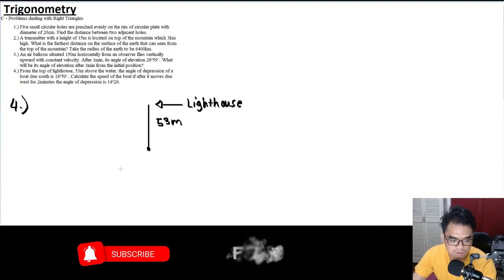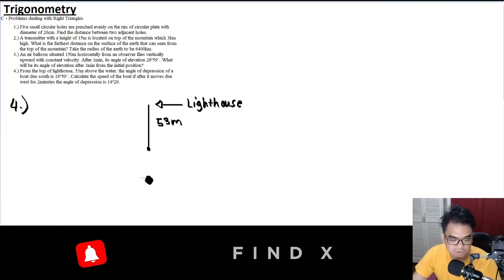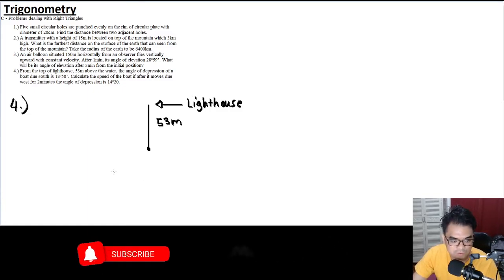Let's say that it's somewhere here. Take note that this is 3D, so you cannot put it directly south. So let's say that this is the boat.